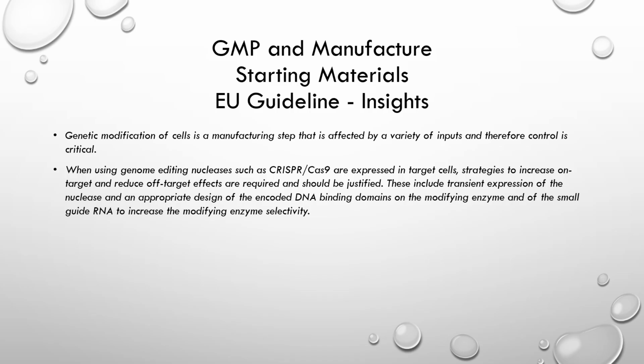So your guide RNA and your PAM, your protospacer adjacent motif on the enzyme that binds to the DNA, have to be specifically designed to ensure high selectivity for the sites, the location on the genome that you want to be modified or manipulated, to increase the likelihood and frequency of on-target editing and to reduce off-target editing.